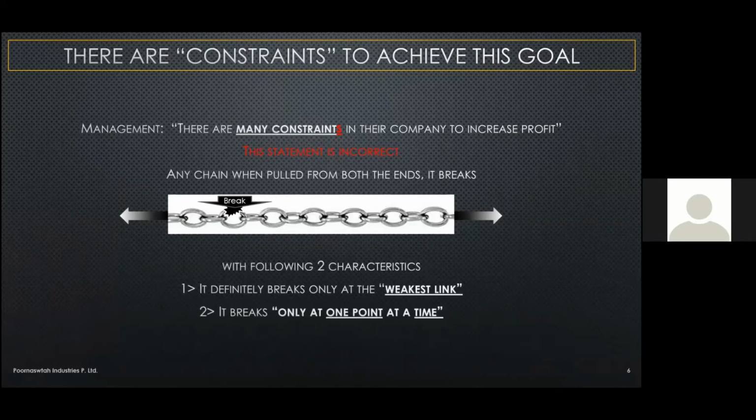So this S, which senior management always talks about, is a false, unassessed statement. One point is the most critical point, and what we claim is that the strength of the chain is equivalent to the strength of the weakest link of the chain. I will repeat it: the strength of the chain is equal to the strength of the weakest link of the chain.